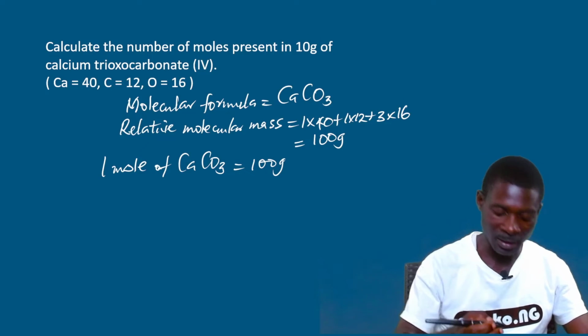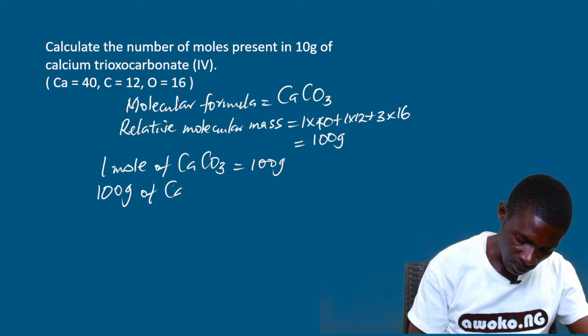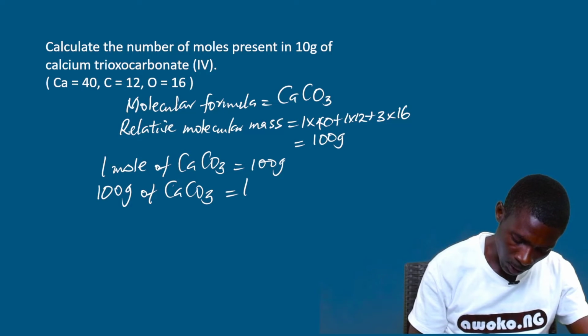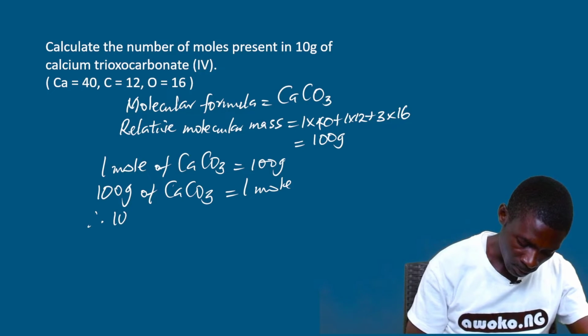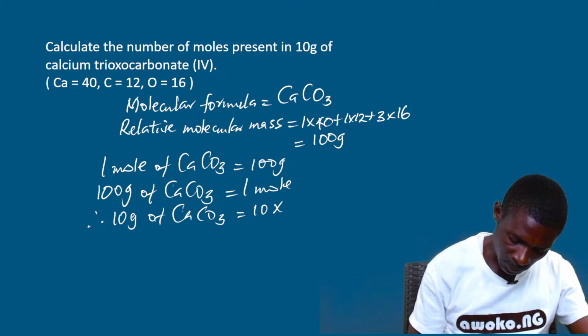So if 100 grams is equal to 1 mole, the question is how many moles will be in 10 grams? So we can simply say 100 grams of CaCO3 is equal to 1 mole. Therefore 10 grams of CaCO3 will be equal to 10 multiplied by 1 divided by 100.